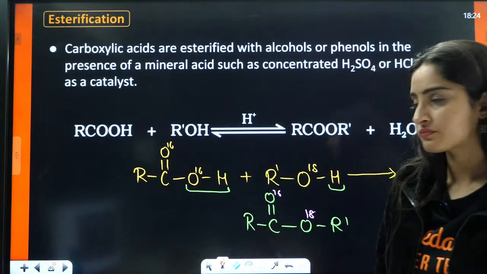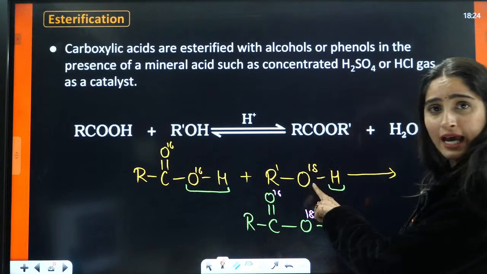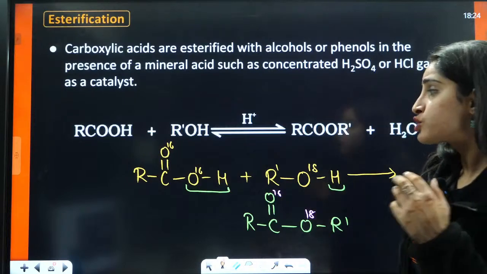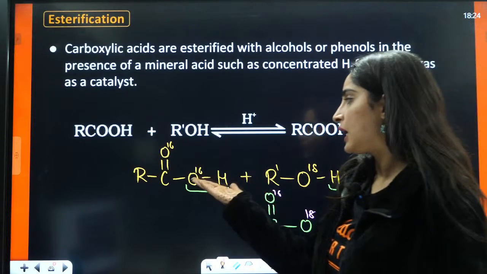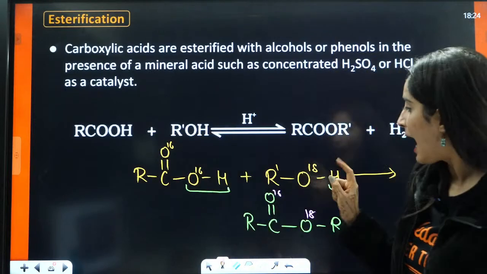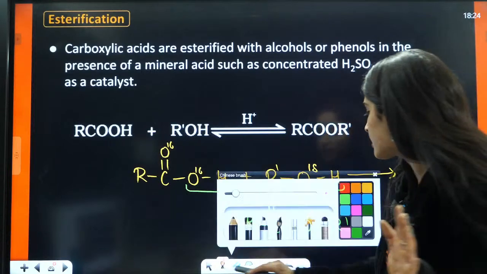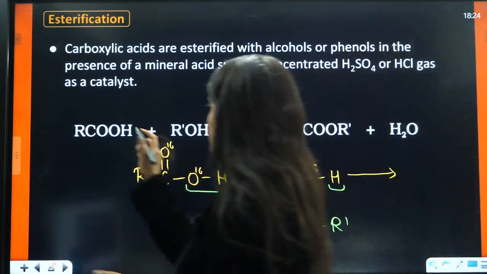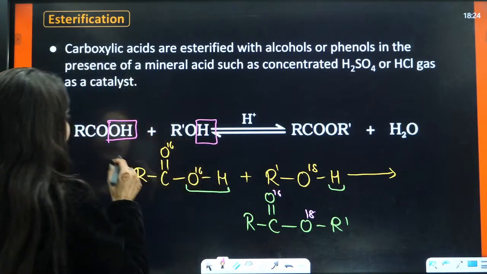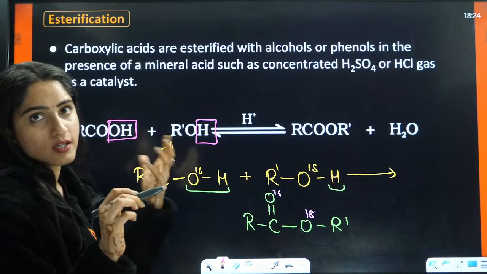How 18? Because I am assuming that here they have given you isotopes. There are two isotopes of oxygen, one is 16 and one is 18. So I am assuming that in the carboxylic acid you have the 16 isotope and in the alcohol you have the 18 isotope. Now I told you the answer will always be that OH will be eliminated from the carboxylic acid and H will be eliminated from the alcohol side, and this ester RCOOR will be formed.